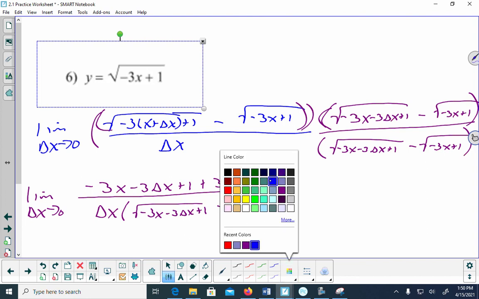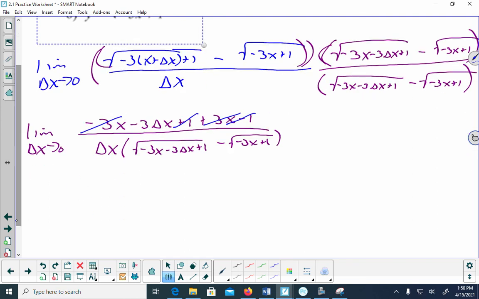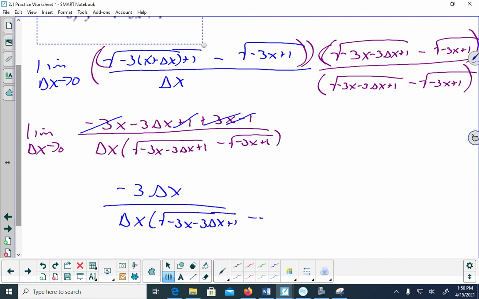Now the negative 3x and 3x will equal 0, the 1 and negative 1 will equal 0, and sure, why not? So taking the limit as delta x approaches 0. At this point, the delta x's will simplify.